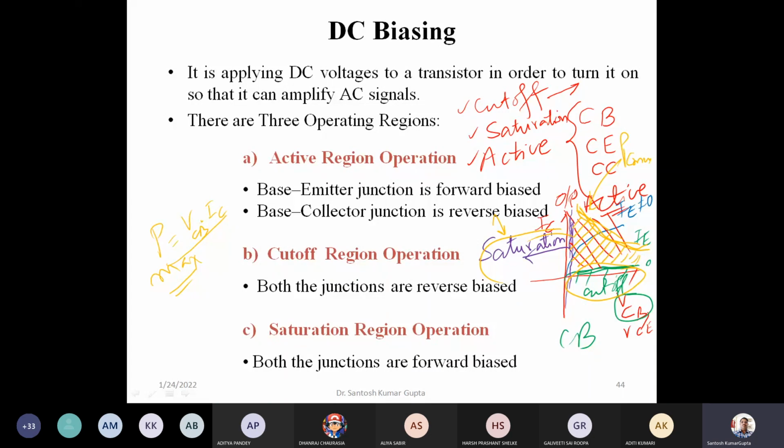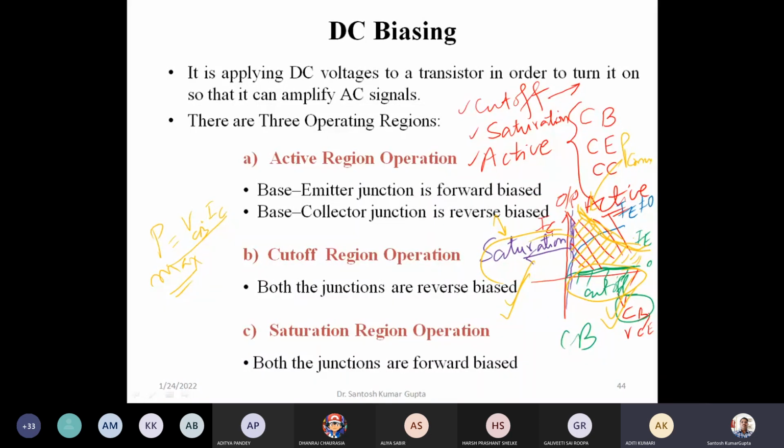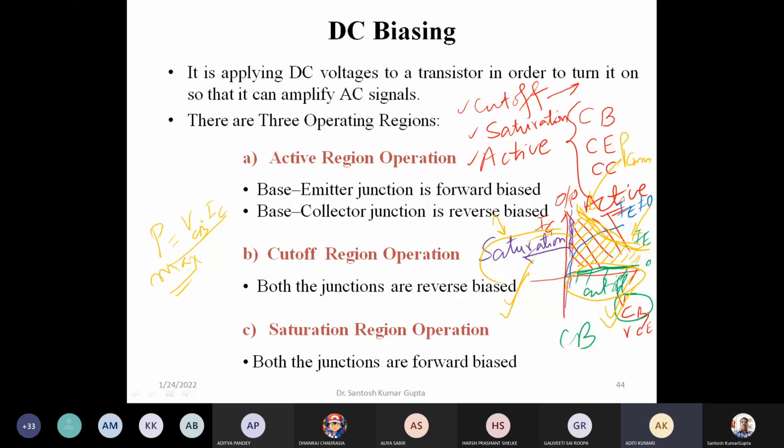So we can see that the active region is actually covered from all sides: on one side by the saturation region, on the other side by the cutoff region, and on the third side by PC max. If we violate PC max, then our power dissipation may be too large, which may raise the temperature of the device and may ultimately lead to breakdown.